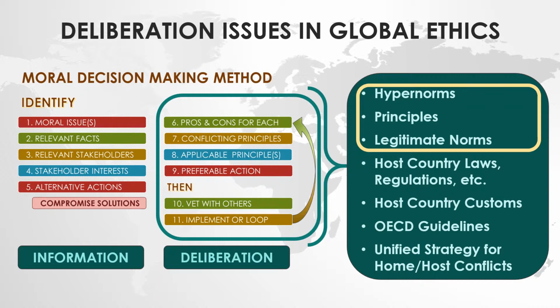Such a unified strategy is important not just for the strategic management of the organization's various international arms, but for its ethical management as well. If a global organization does not have an established unified strategy for global moral decision-making, it needs to produce one as soon as possible.